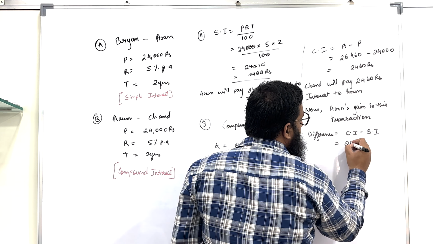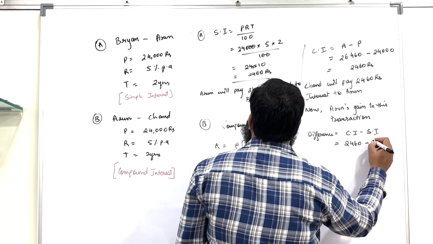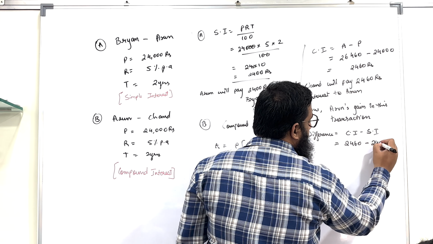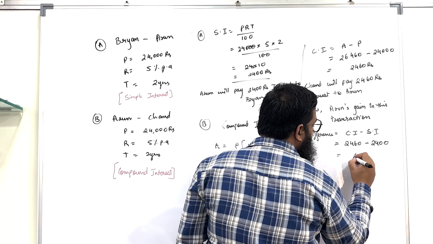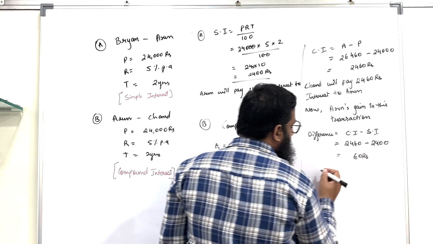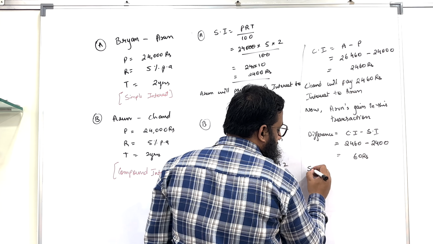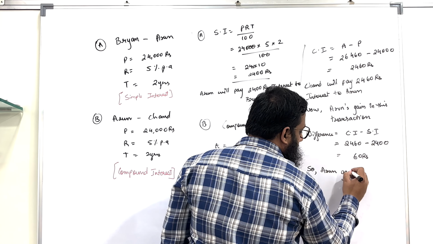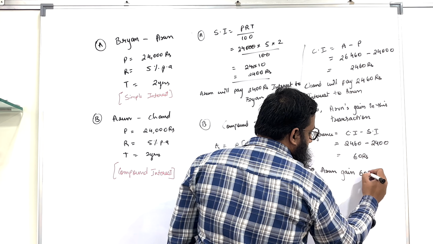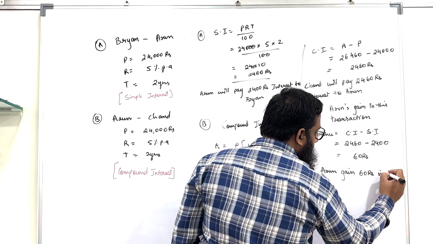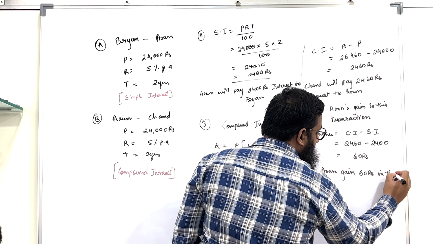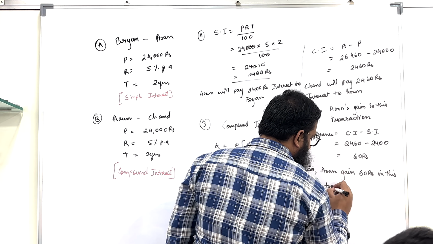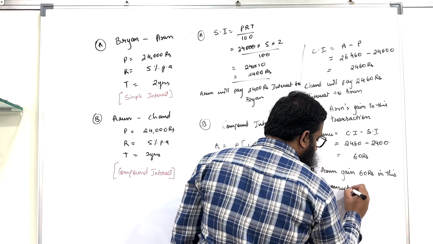Compound interest is 2,460 minus simple interest 2,400, which is 60 rupees. So Arun gained 60 rupees in this transaction.